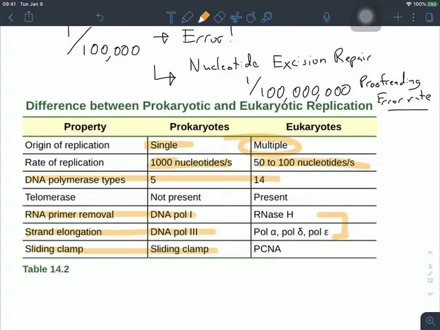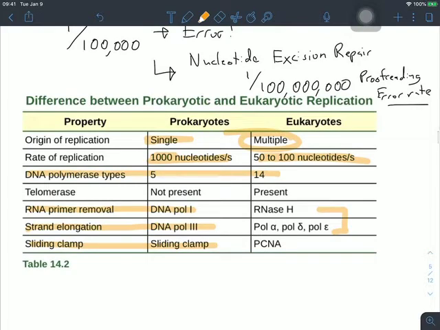The other component that is very unique to eukaryotes is the presence of telomeres and a telomerase. So telomeres are present in linear chromosomes, which you and I have, and not present in circular chromosomes like prokaryotes have.